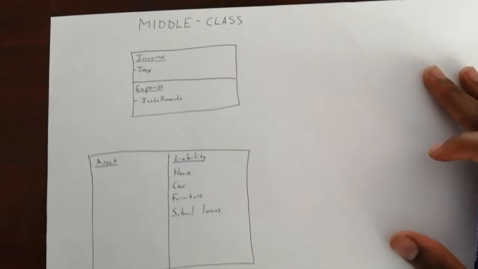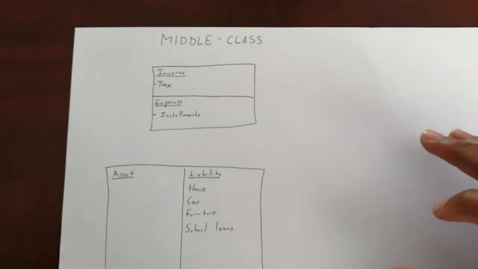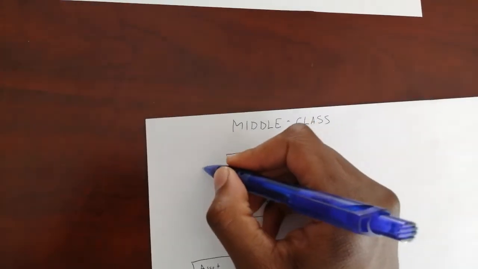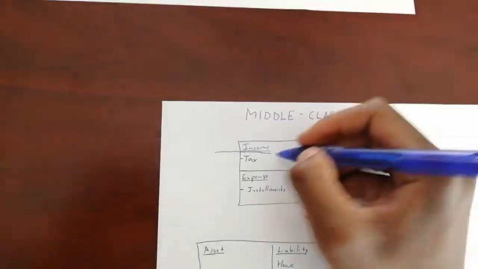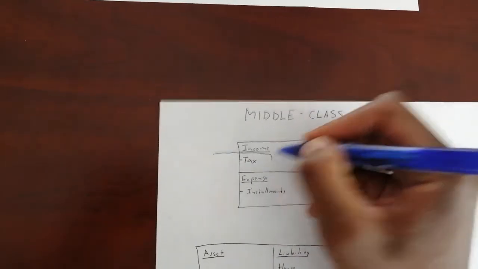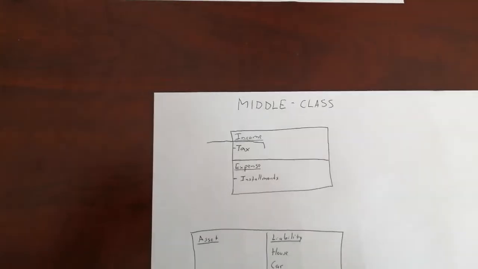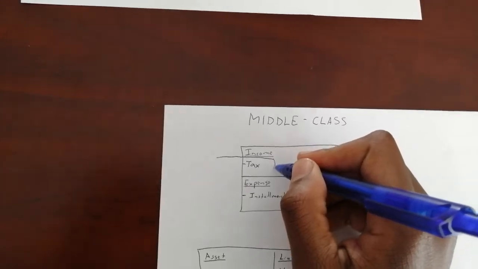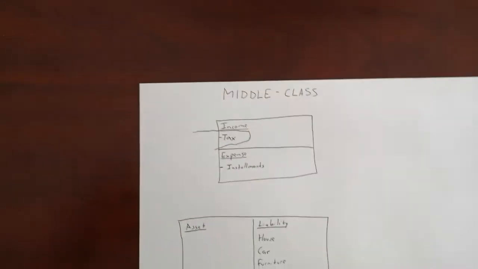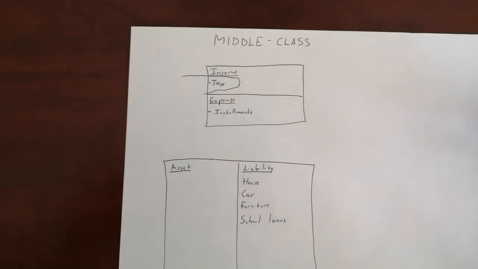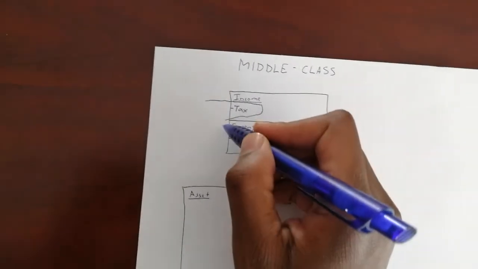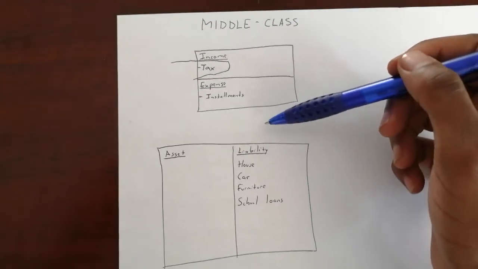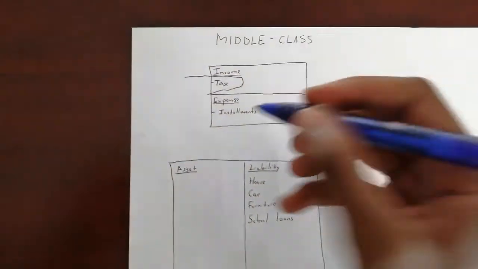So this is the financial statement or the cash flow of a middle class person. So middle class people earn their money. Immediately after earning, they have to pay tax. So before they can start spending any of their money, they have to pay tax. So after that, because most middle class people think that buying a house is an investment, and they buy a house thinking that it's an asset when it's actually a liability because they stay in it.